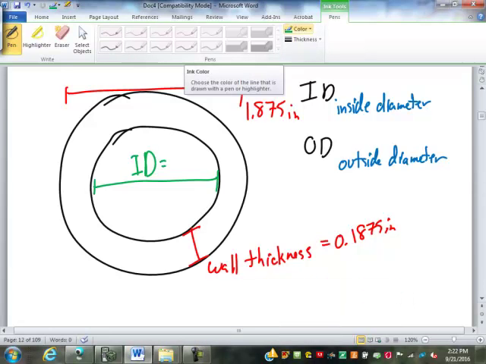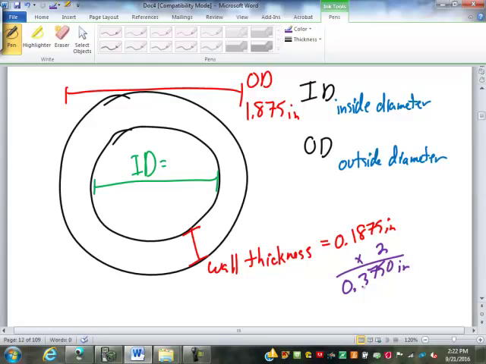How would we approach this one? Or how did you approach this one, I should say? First, I doubled the 0.1875. Okay, so we double the 0.1875, which gives us 0.375.